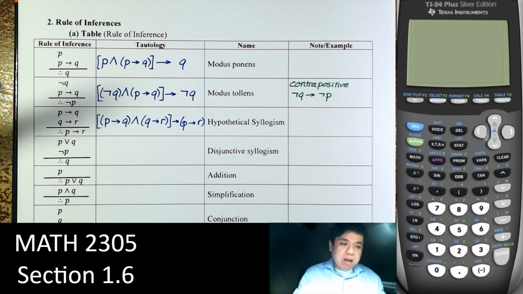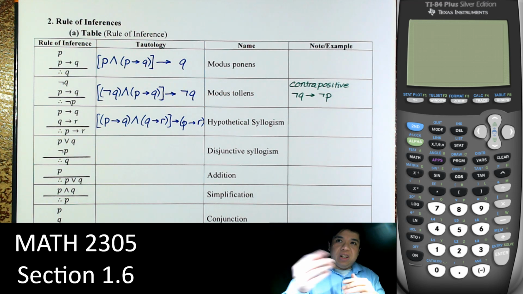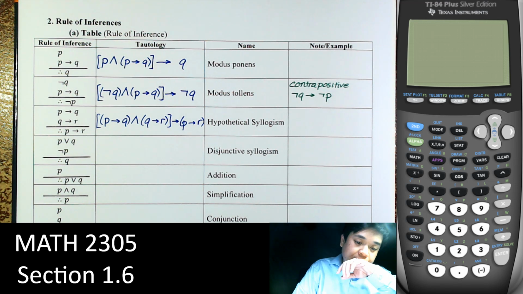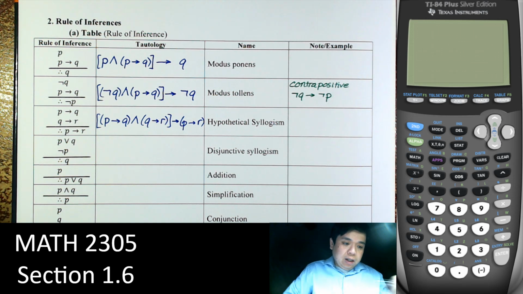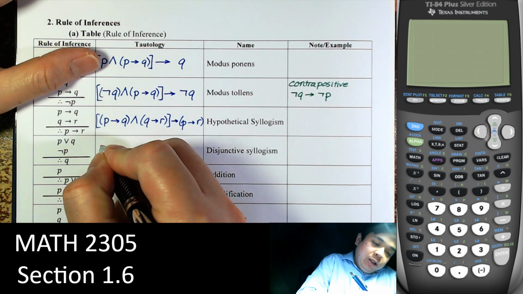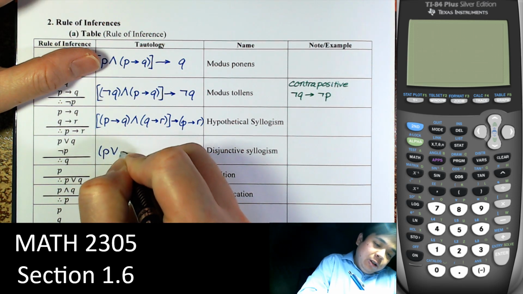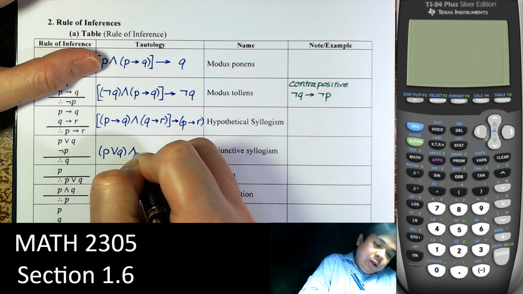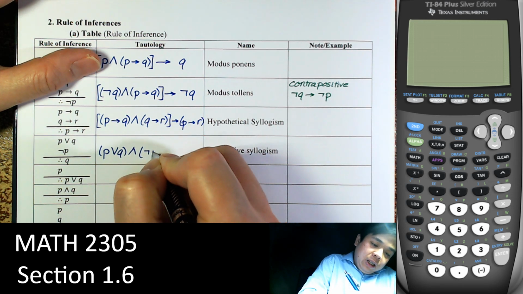So that makes sense, more like the transitive property. Right. Next, we have P or Q, in conjunction with not P.